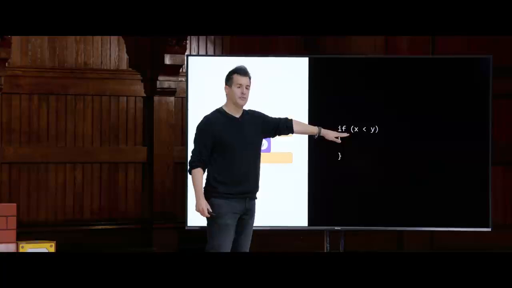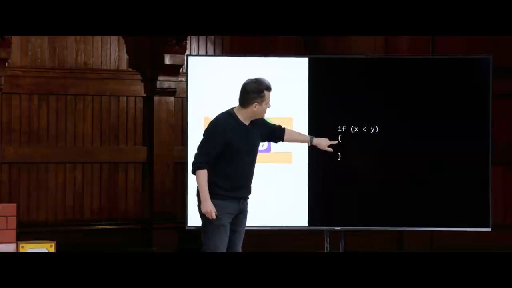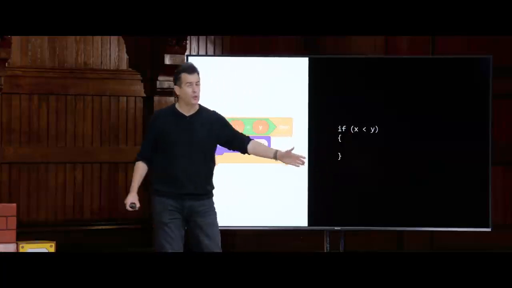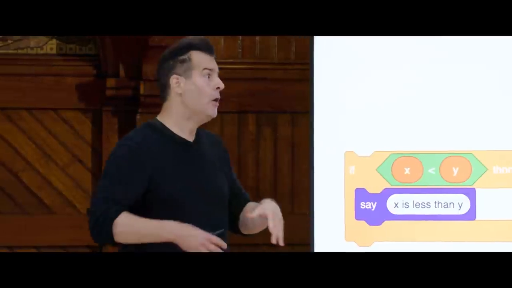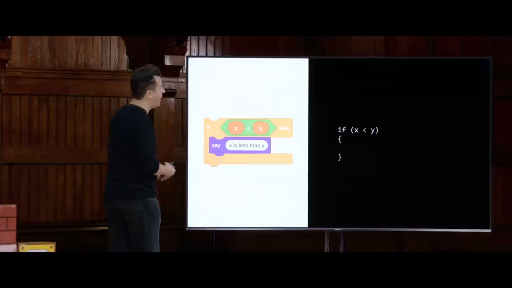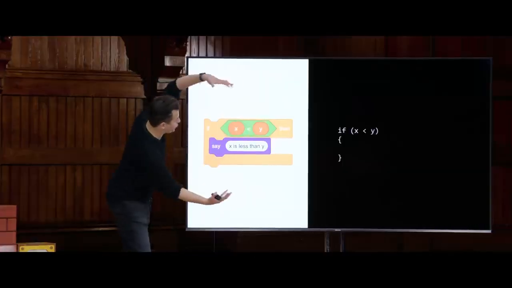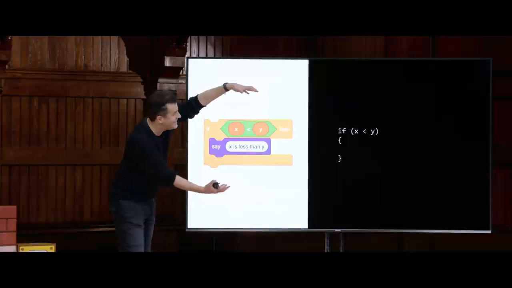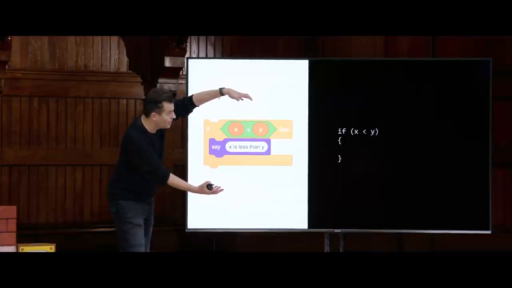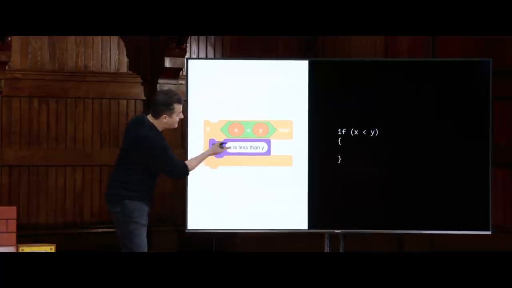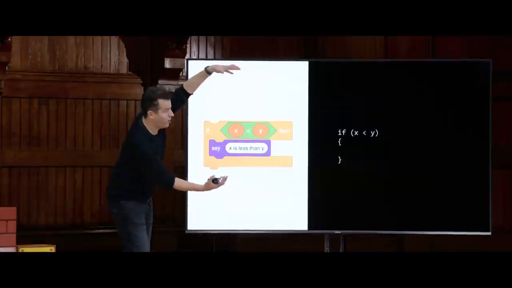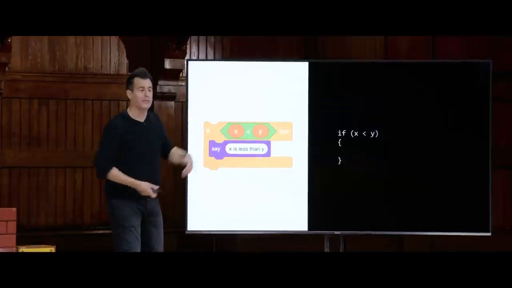So C uses parentheses, like most languages. And then there's these weird curly braces, which at least in English, we don't use all that often. But they're there on your keyboard, English or otherwise. And they essentially allow us to create this sort of hugging shape to the puzzle piece. Anything inside of those curly braces is going to be equivalent to anything inside of this yellow hug that's sort of grabbing one or more pieces inside.